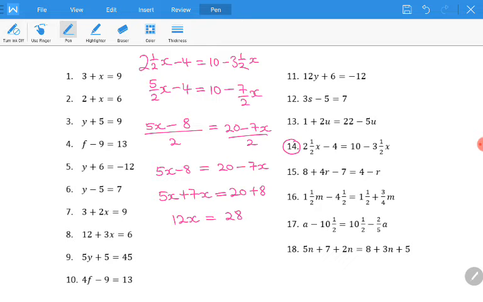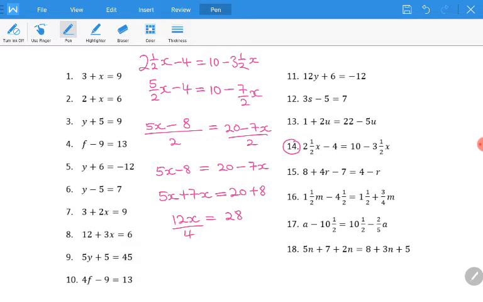So if we divide both sides by the lowest common multiple, it will be 4.